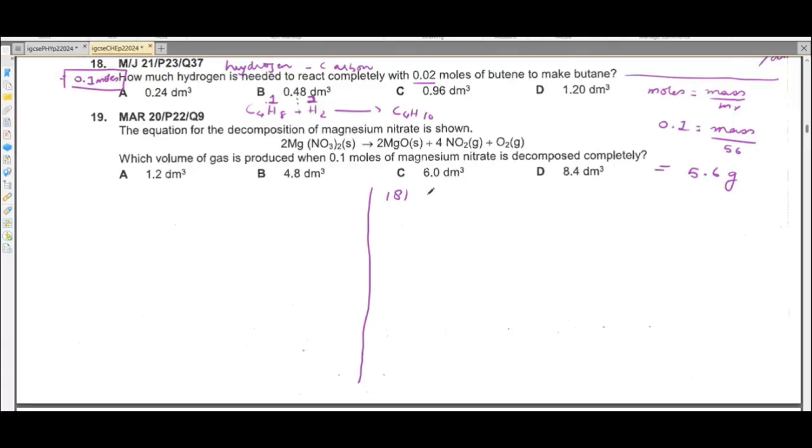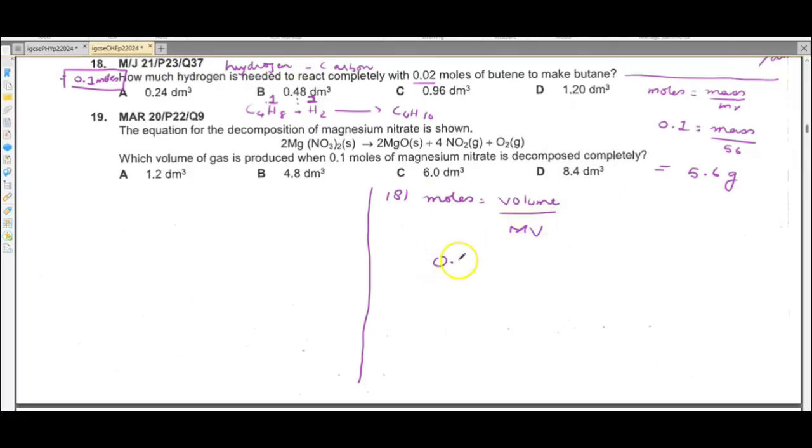The first instinct is that you should find the volume of a substance which usually exists as a gas, we don't find its mass, we will find its volume. The formula for that is moles is equal to volume by molar volume, and the answer is in decimeter cube, so we will use the value of 24 decimeter cubed over here.